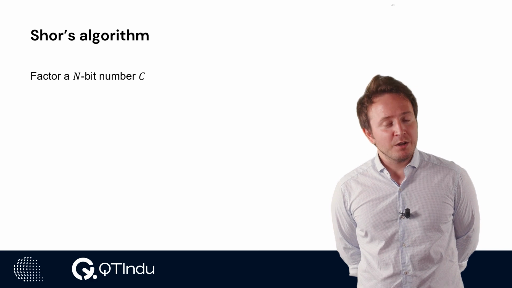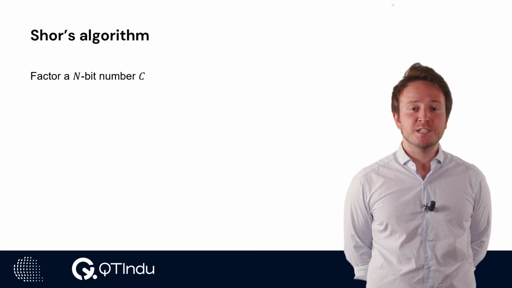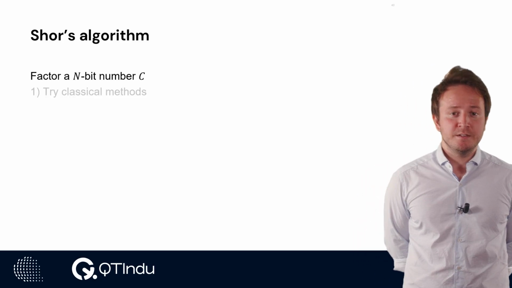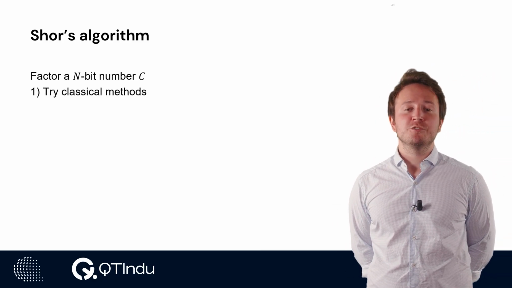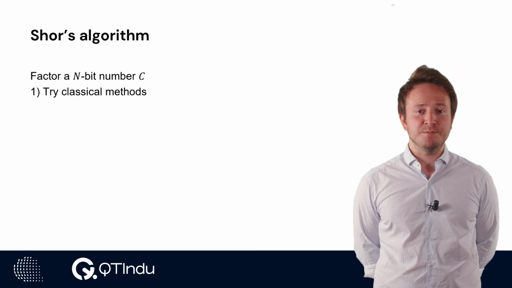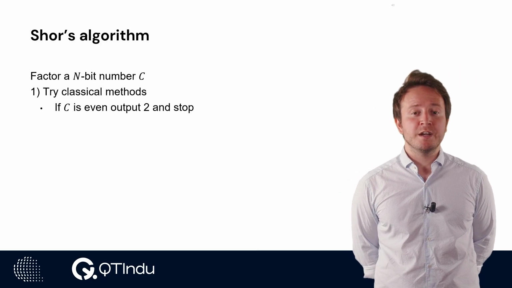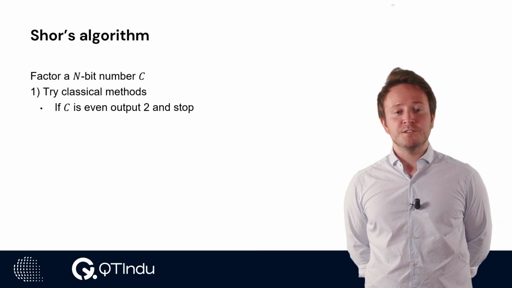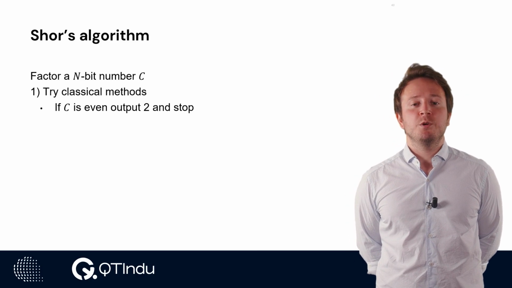Now, like many quantum algorithms, Shor's algorithm heavily relies on classical computation first. So the first part of Shor's algorithm is to try out classical methods to factorize the number C. In particular, there are simple cases where one can easily extract the factor of C. The simplest one is when C is even, and then we output 2 and we stop the algorithm.